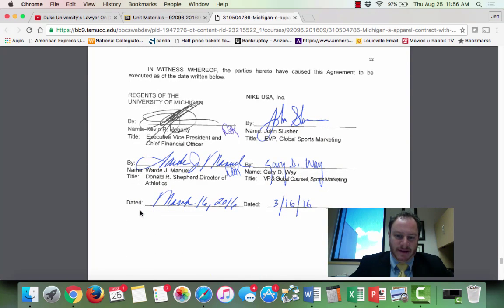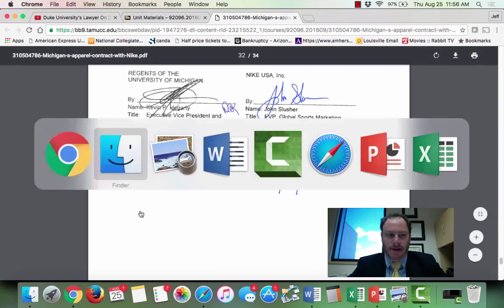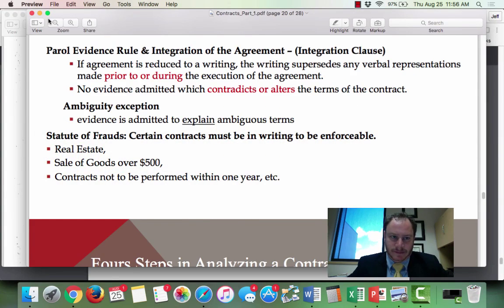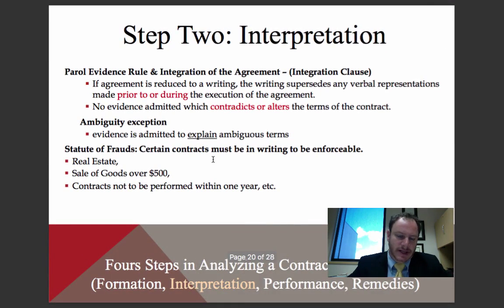And down here we've got all the cool kids signing off on the contract. So if we go back to this language here. The integration clause was that entire agreement paragraph, and it says that this written contract supersedes and supplants anything else that the parties have done in the past, and that it's the final written understanding of the parties' intent.